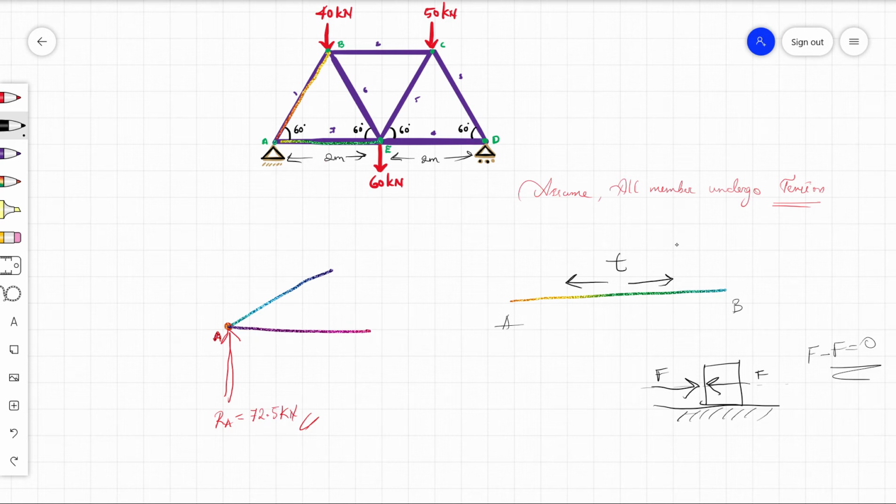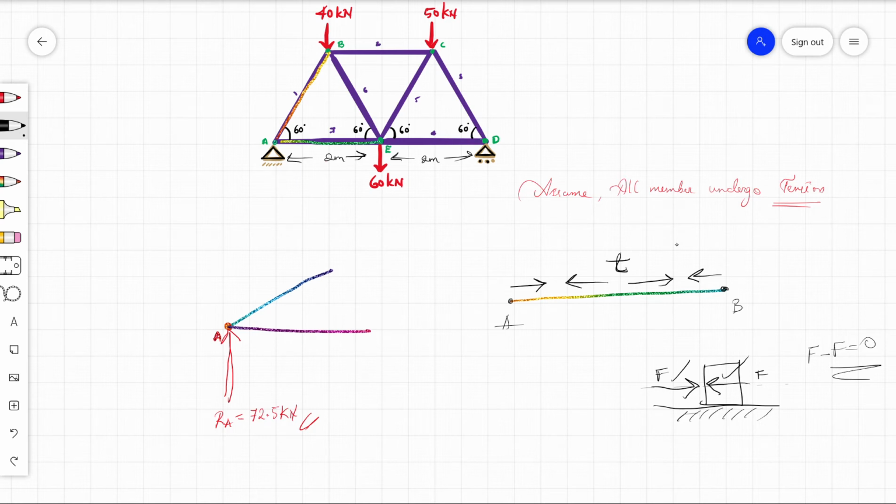The same thing, if there is a tension undergoing in this truss member, but the truss needs to be in equilibrium, what should happen inside the truss? From the joint there should be a counter force given from both ends, so that the truss is in equilibrium. The same thing happens over here also.